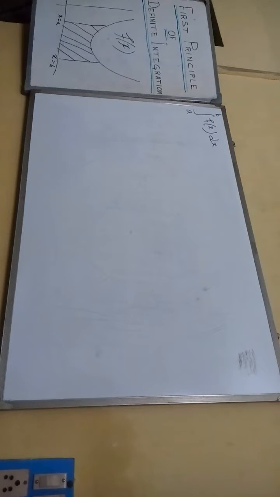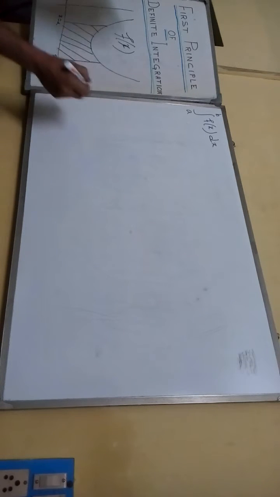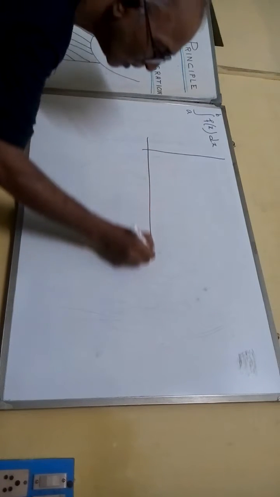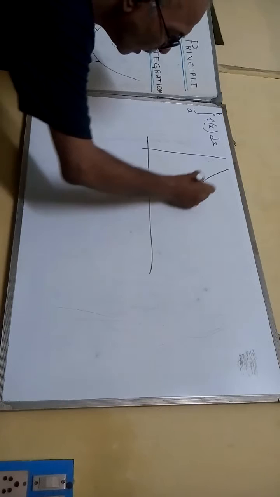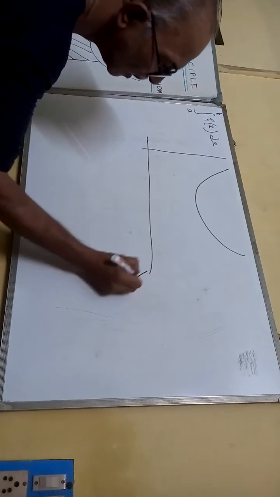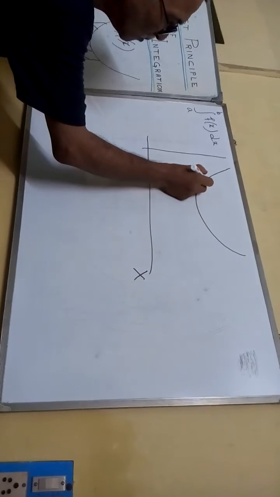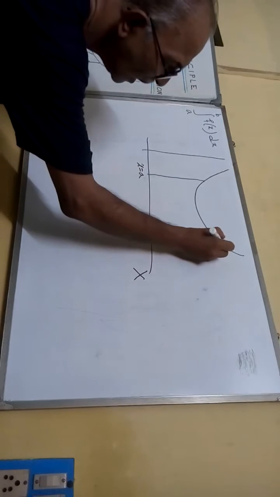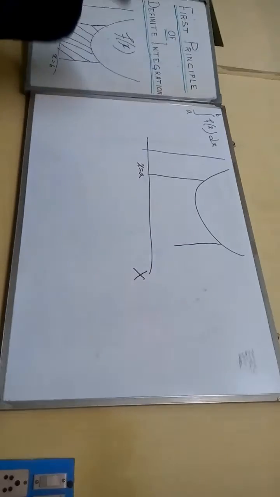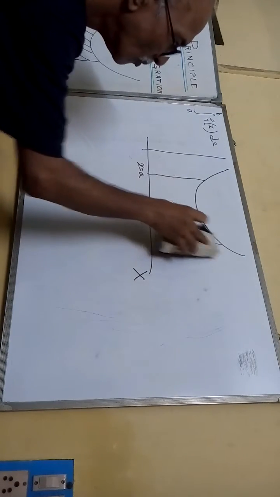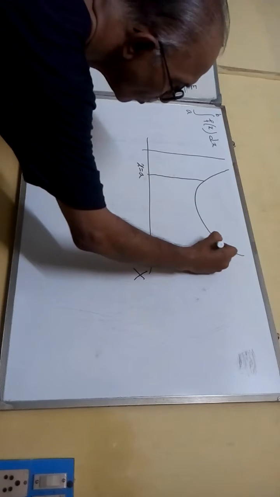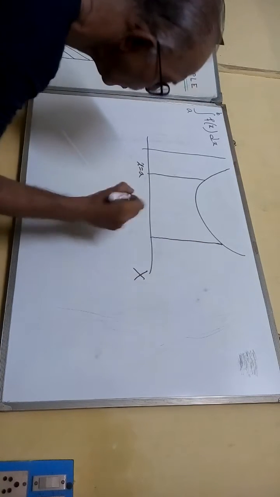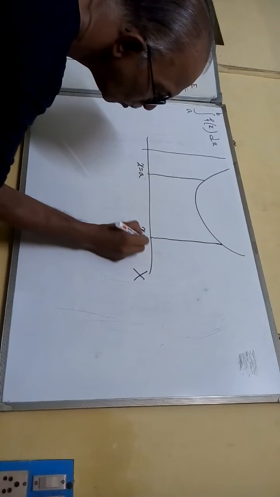That is the problem. For that, I am drawing it once again here. Let us assume this is the line x equals a, and this is the line x equals b.